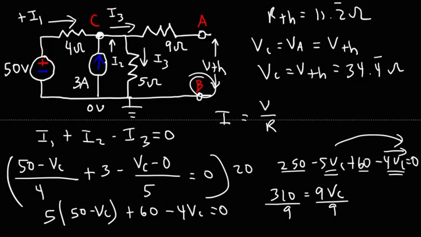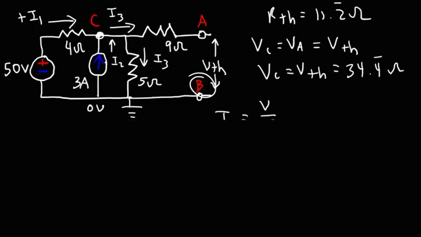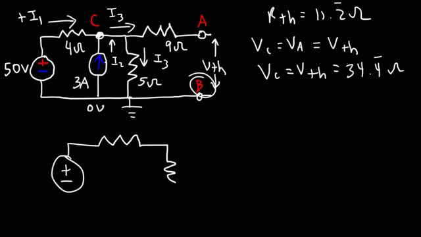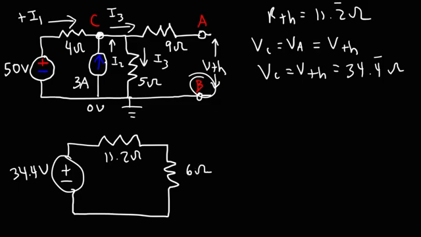So now we can draw the simplified circuit, which looks like this. So we have a Thevenin voltage of 34.4. We have a Thevenin resistance of 11.2 and a load resistance of 6 ohms, which was what I wrote down before.